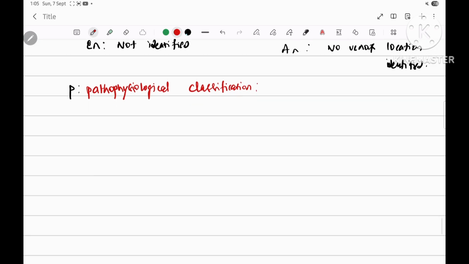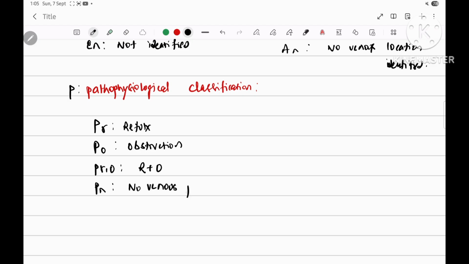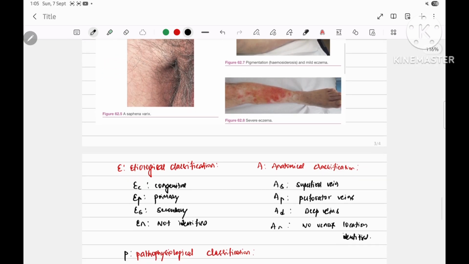So PR means due to any reflux, and PO means due to any obstruction, and PRO means reflux plus obstruction, and if PN, then no venous pathophysiology is identified. In this way, we can write the CEAP classification.